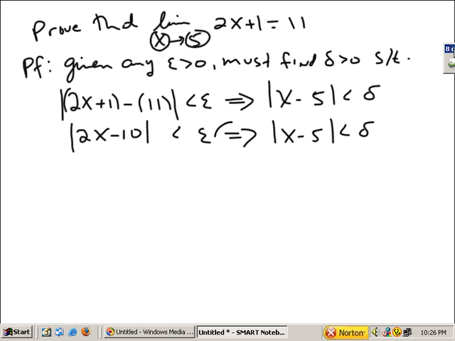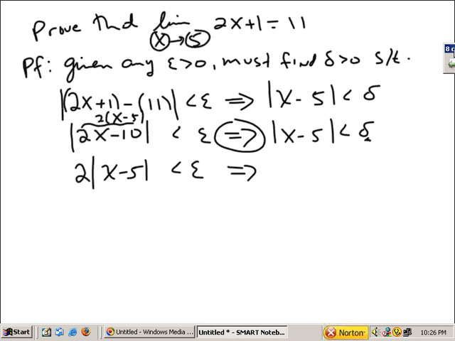This implication is only correct if we find the correct delta. But the left side, 2x minus 10 in absolute value, is the absolute value of 2, which is 2, times the absolute value of x minus 5. That is, this here is 2 times |x minus 5|, and this is less than epsilon.